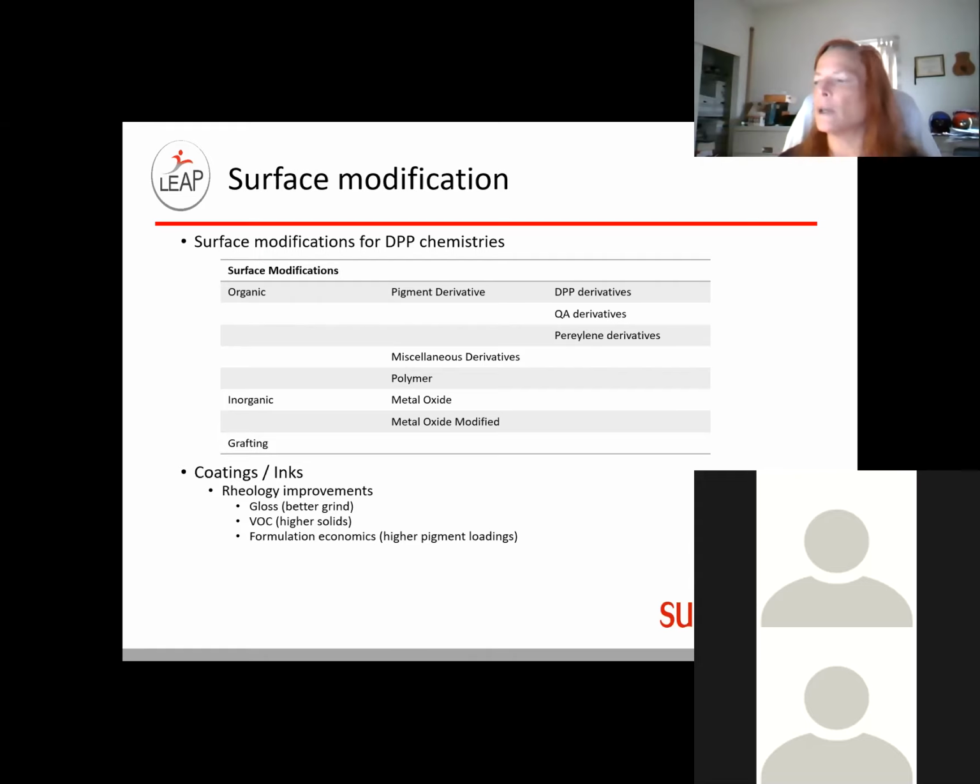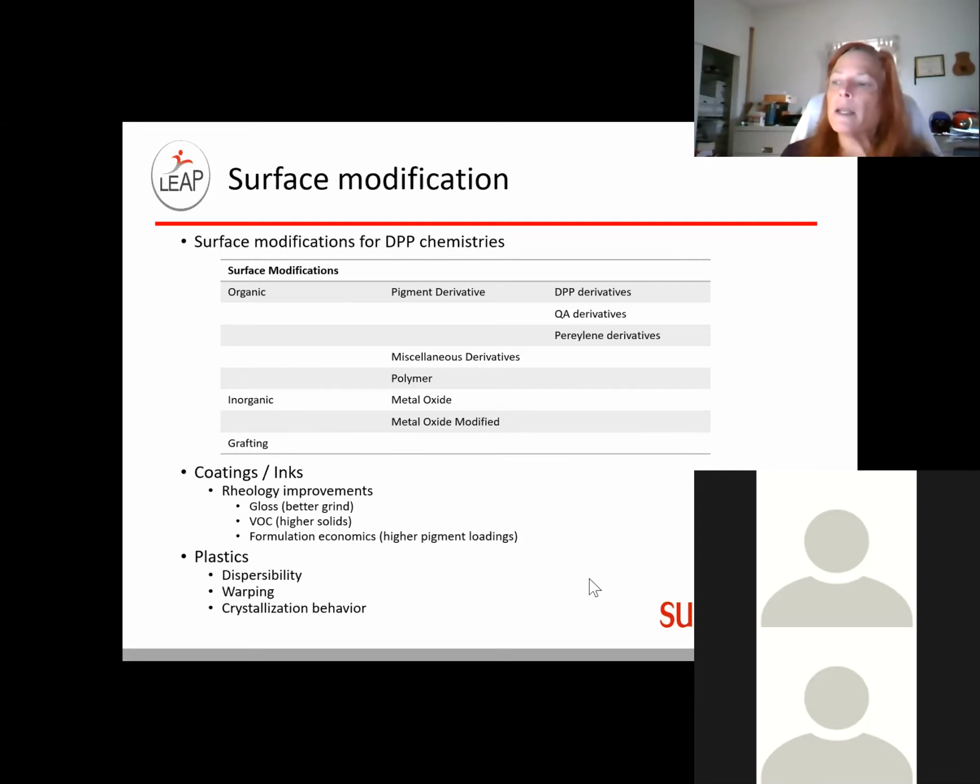And that's kind of a funny term, but it allows for higher pigment loadings, so that one batch of dispersion can be used with more volume of finished goods because of the higher pigment loading.